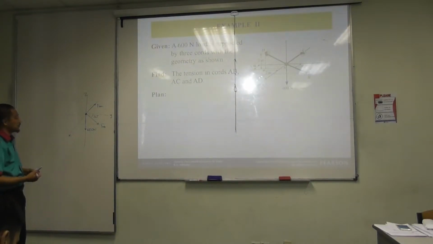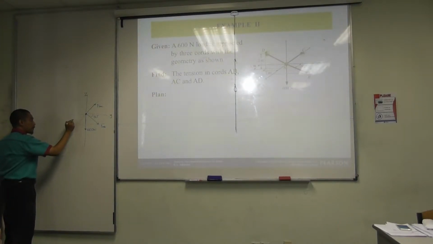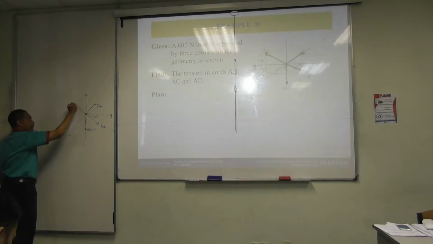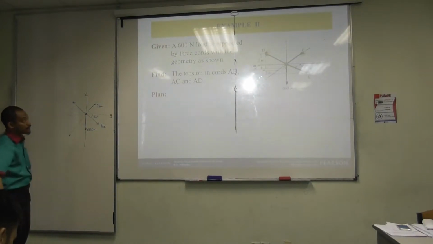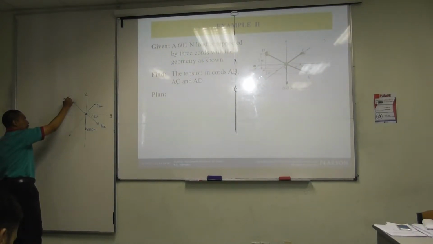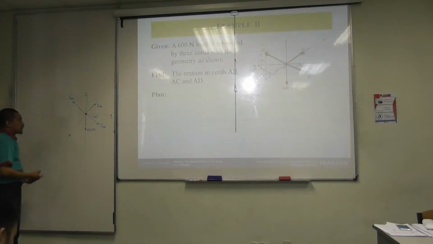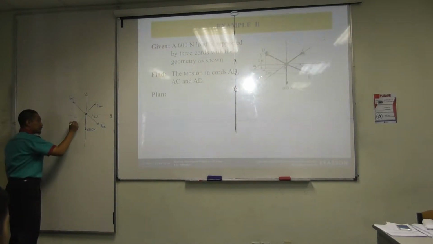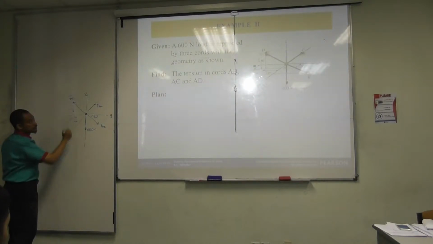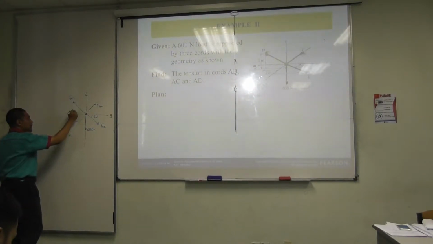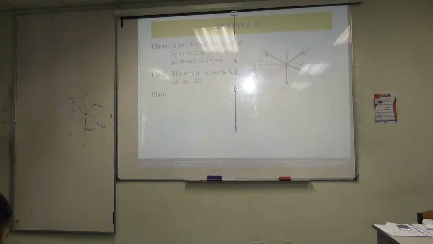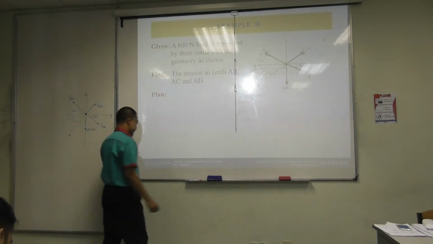And the other one is somewhere here, FAD, with the values given 1 meter, 2 meter, and 2 meter. Okay, so that is basically the free body diagram.